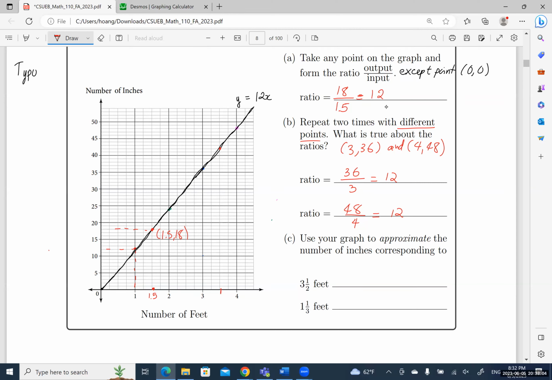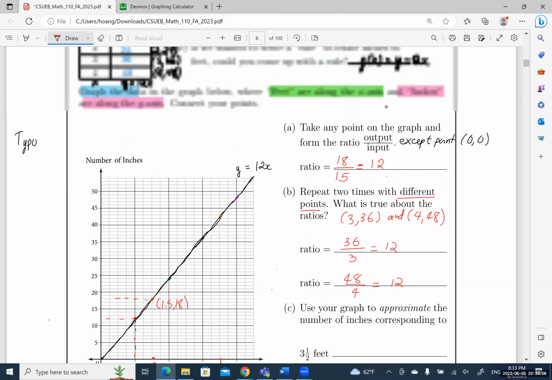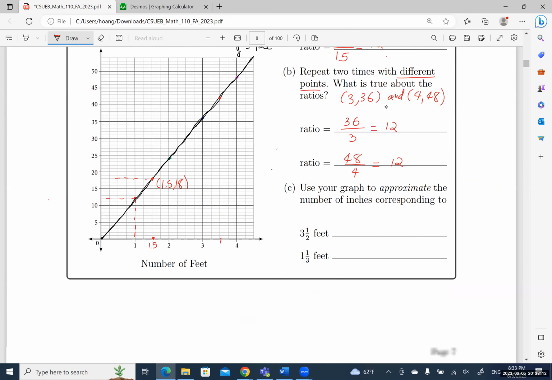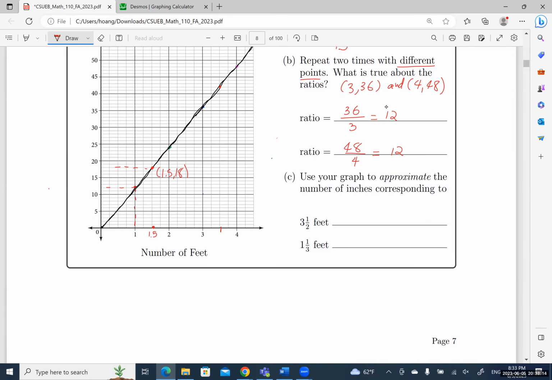Okay. And I mean, it's clearly y equals 12x there. Okay. So we're gonna move to C: use a graph to approximate the number of inches corresponding to 3/2 feet and 1/3 feet.